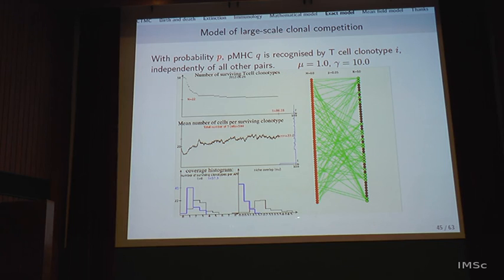That is the quasi-stationary behavior. If I also look at the mean number of cells per surviving clonotype, I can see that I'm reaching some steady state behavior. Something of interest that we would like to put more effort into looking at is the distribution of clonal sizes. I will not talk about that here, but it is rather intriguing.